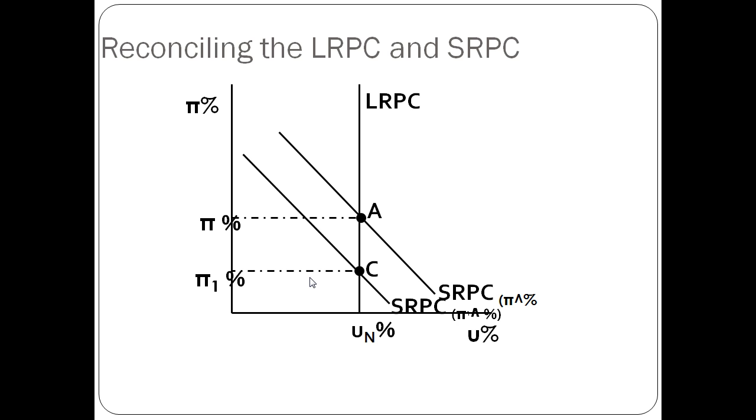So as you can see here, basically what's happening is that ultimately this short-run Phillips curve, as you go from short run to long run, is just going to be bouncing around the long-run Phillips curve, just like how the short-run aggregate supply curve, when you go from short run to long run, is going to be moving around the long-run aggregate supply curve.